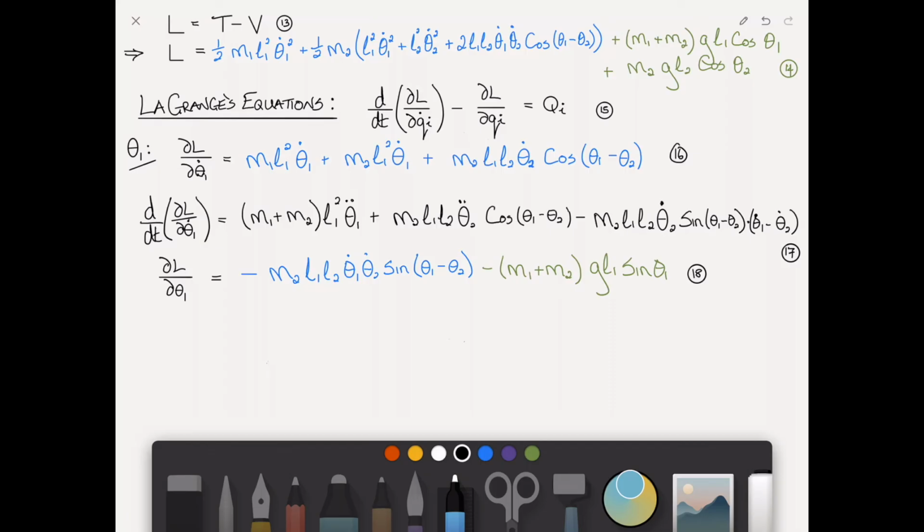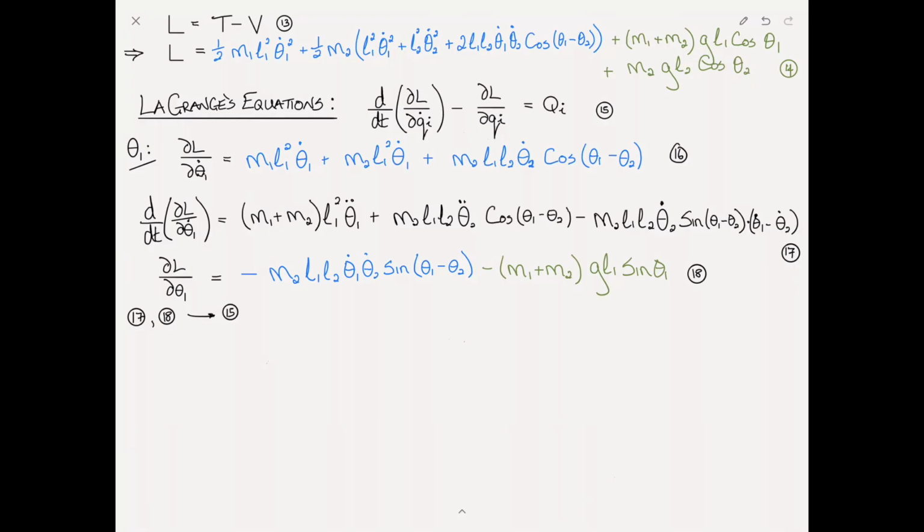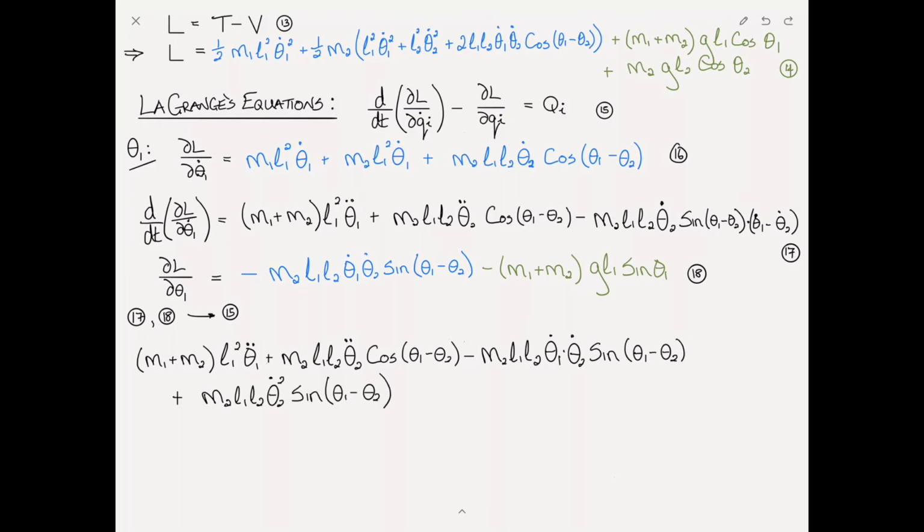And we're just about done. So we now need to take 17 and 18 and put them into equation 15, equals 0. You can just squeeze it in. All right. These terms cancel. This term here is just the negative of that term there.